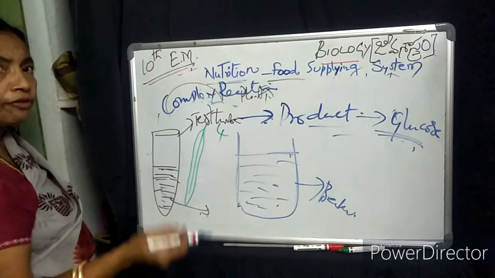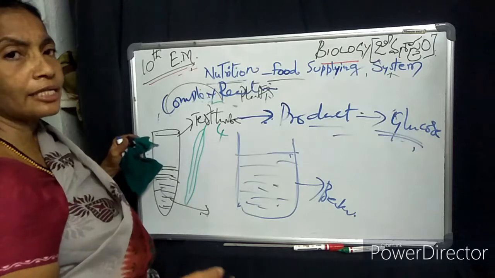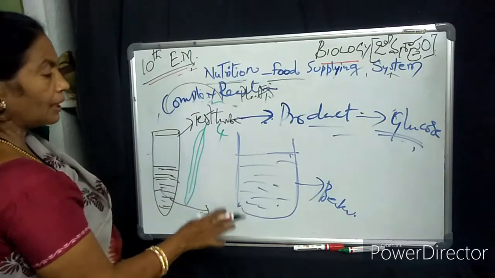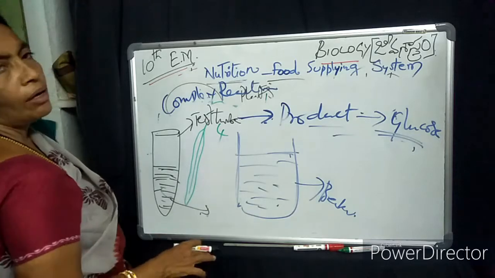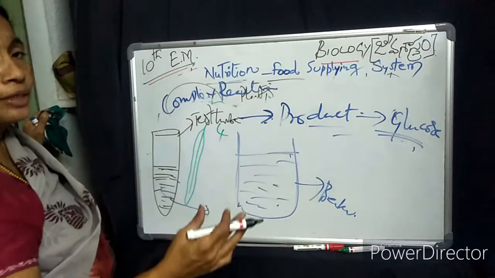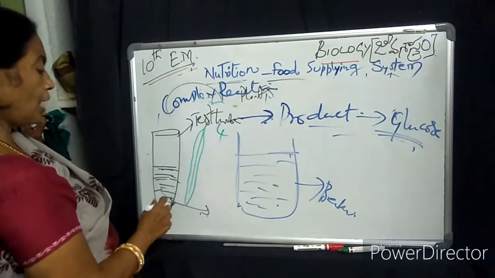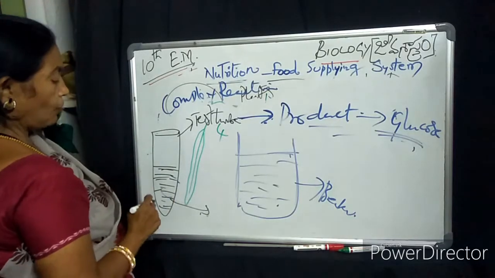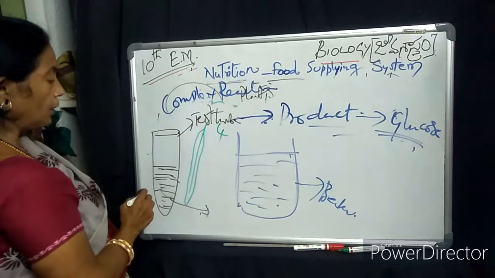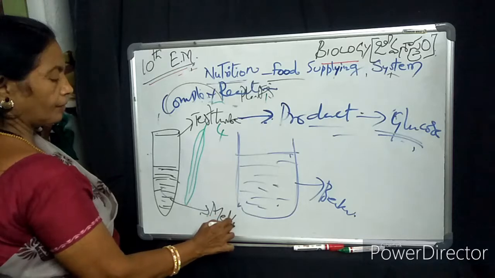Whatever we do in physics or botany, that means biology, in the experiments we use only glass apparatus in our classes or labs, for observing what is happening in these apparatus. We have to see with our eyes. We have to observe. So we have already taken this glass test tube and put some methylated spirit.